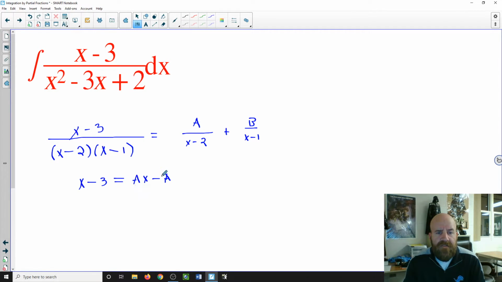So we have ax minus a. And then we have this fraction, the x minus 1's cancel out, so b gets multiplied by x minus 2. So we're going to go ahead and distribute that in. So we get plus bx minus 2b.